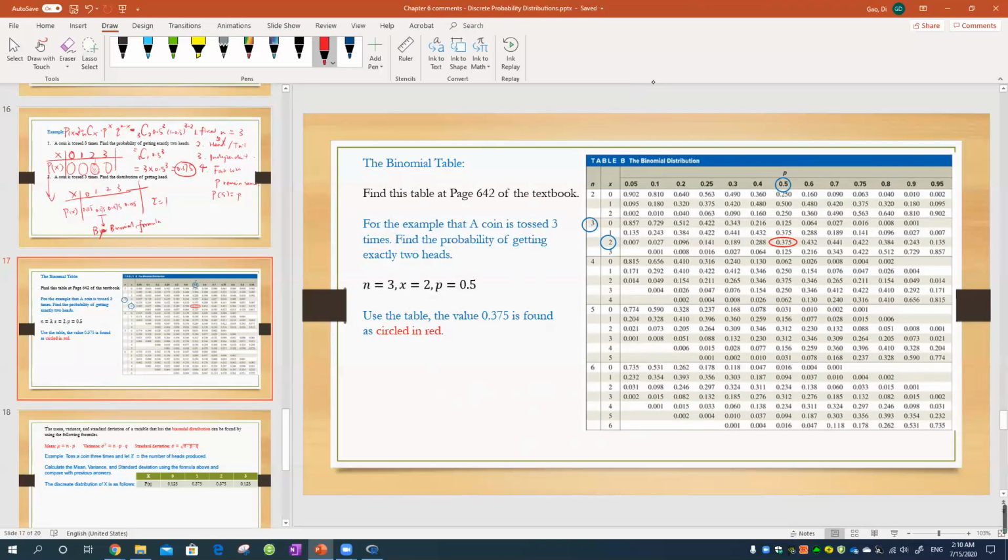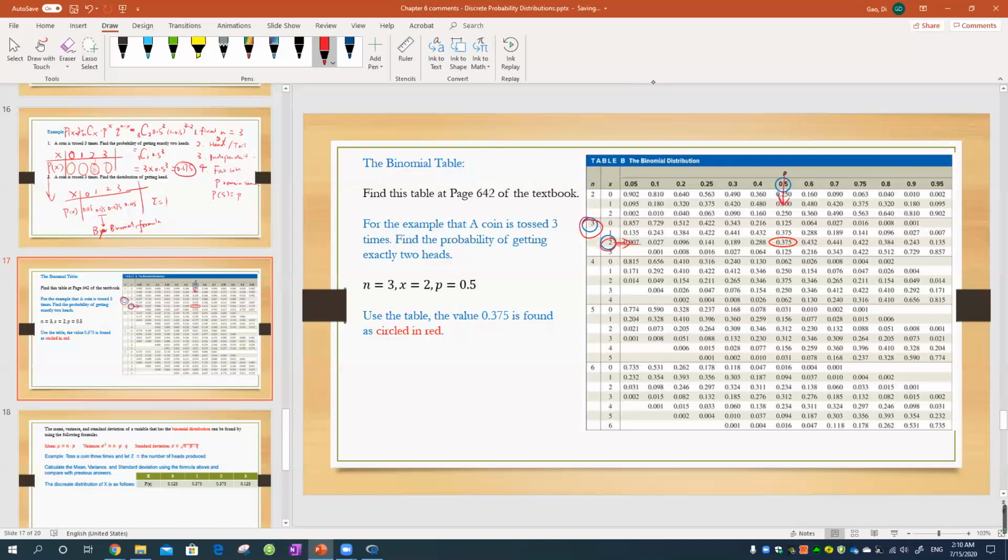So this is for n equals 2, and then 3, 4, 5, 6. So we have different values of x. So when n equals 3, the possible values of x could be 0, 1, 2, 3. And then we're looking at exactly 2 heads. So we want this one and then 2. So now we focus on this row, with all different probabilities of success. So for this specific question, we have probability of success equals 0.5.